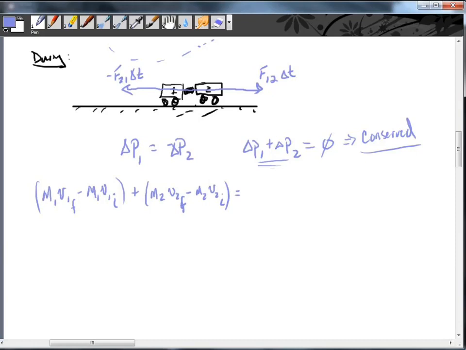That is going to equal 0. Delta P1 is this. Delta P2 is this. You guys cool with those? We did 2 substitutions. We substituted the delta and we substituted the MV for the P. Yeah? Okay.